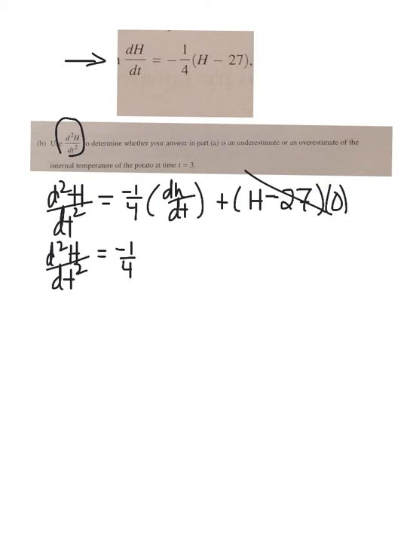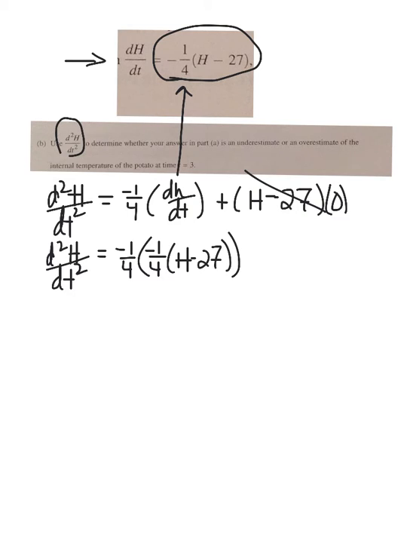Now, what I'm going to do is I know dh/dt is equal to this, so I'm going to substitute that value in. So I'm going to make that -1/4 times h minus 27. Close those. And that is going to give me 1/16, right, times h minus 27.